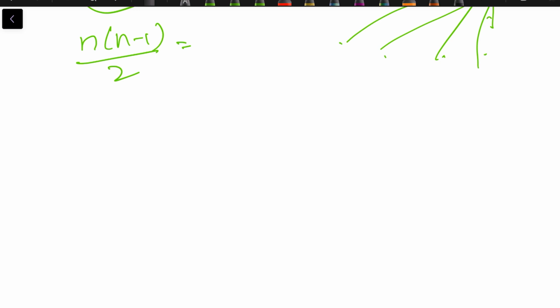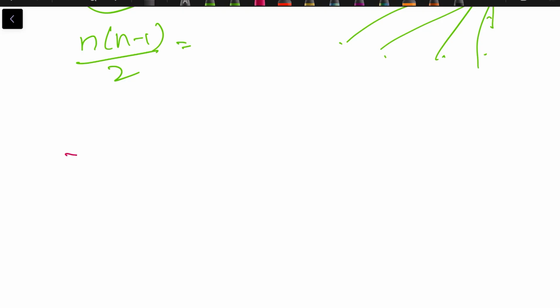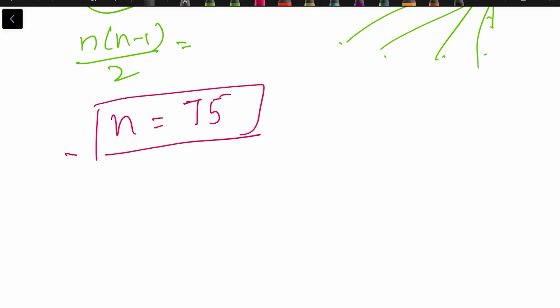If we have 75 points, then how many lines can we draw? Here the value of n is equal to 75. So you have to tell how many lines we can draw.